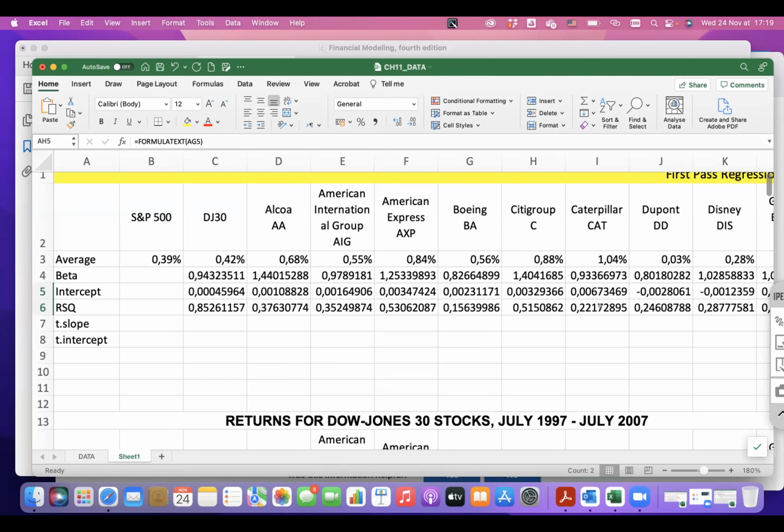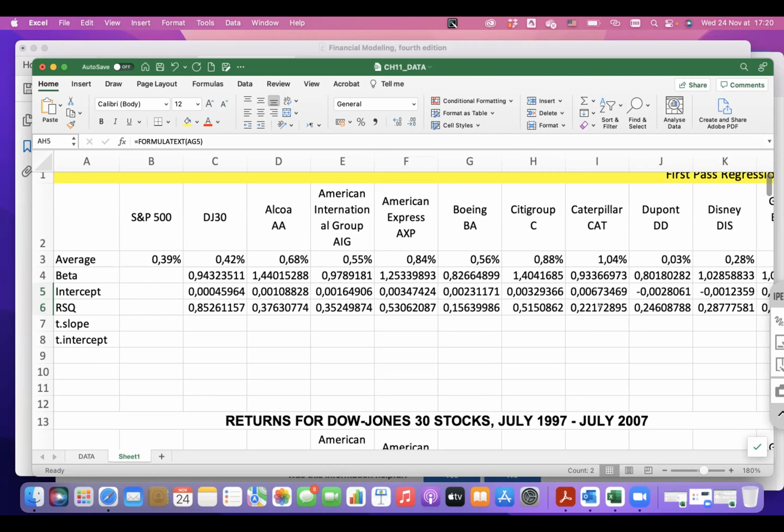So that's why we use what we call the T student. The T student gives you the probability that your estimates are wrong, or that your estimates are significantly different from zero, right? When you have a T student higher than 1.96, remember this value, this is a good value. This means that the risk that your estimate is wrong is less than 5%.